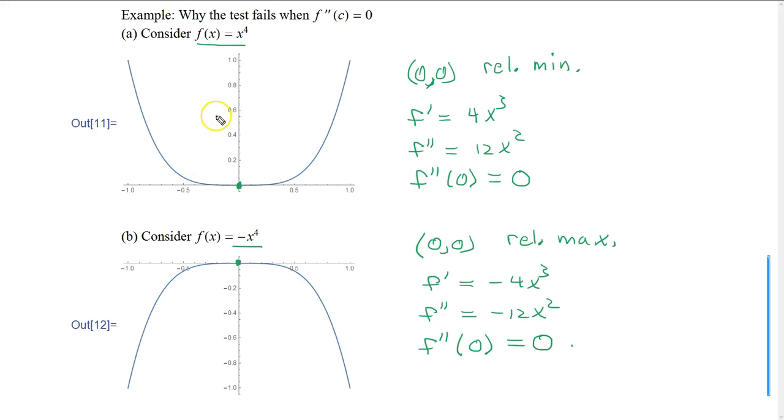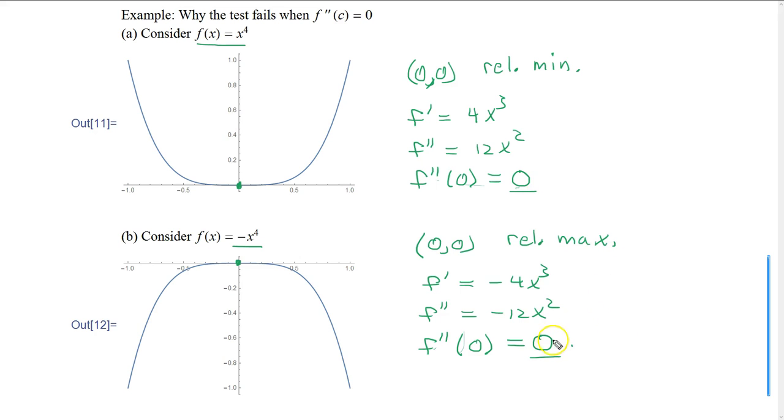Here is an example where we have a relative minimum at x equaling 0, and our second derivative came out to be 0. Here we have another function where we have a relative maximum when x is equal to 0, and our second derivative also came out to be 0.